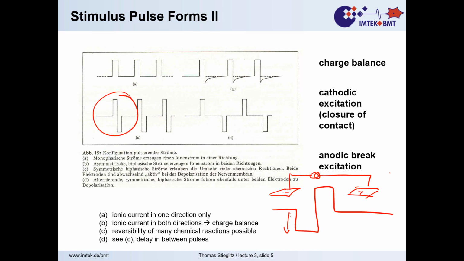Stupid but important, we always need two electrodes to close an electrical circuit. One where the current goes in, the other where the current goes out. If somebody tells you he or she only needs one electrode, there is a mistake. Then you have to look for a hidden second electrode.